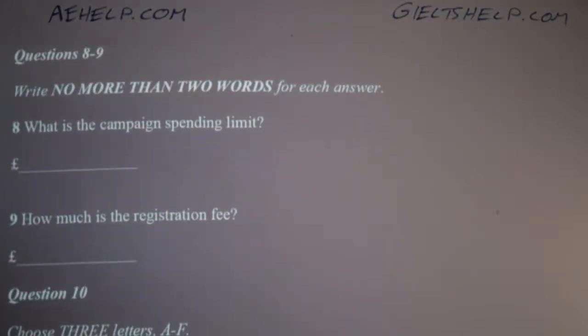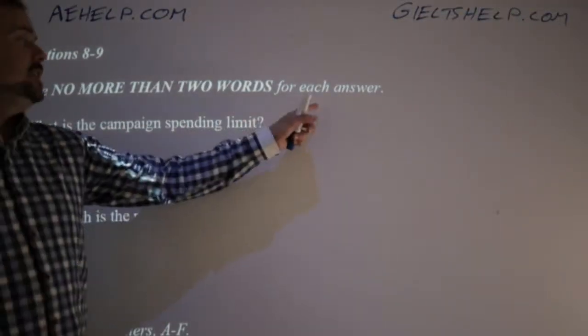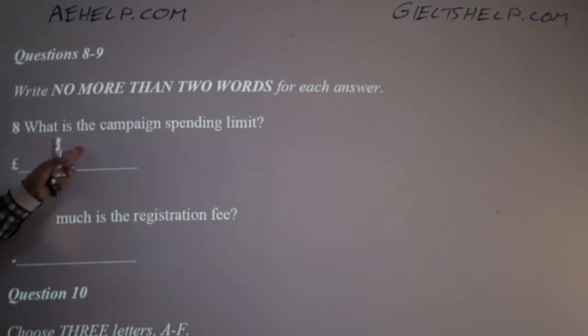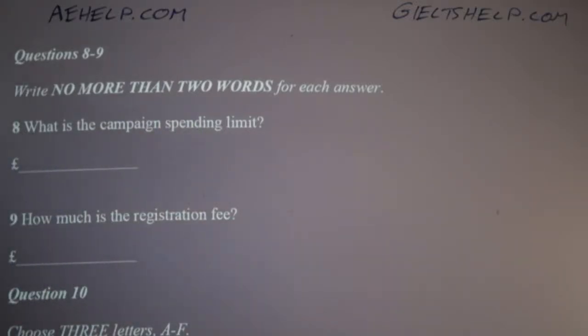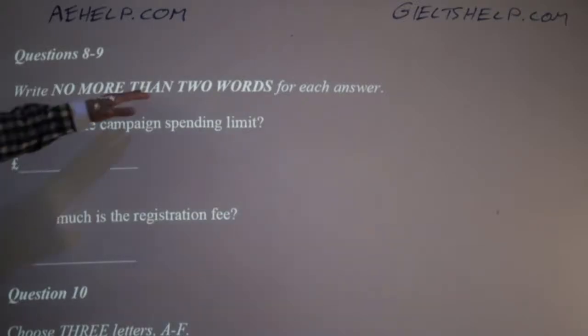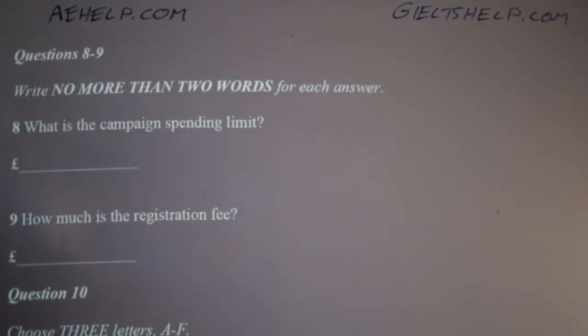8 and 9. Write no more than 2 words for each answer. What is the campaign spending limit? It's no more than 2 words. Now, here we have the symbol for pound, so you do not need to write the word pounds. Do not put a $ sign, Imad.